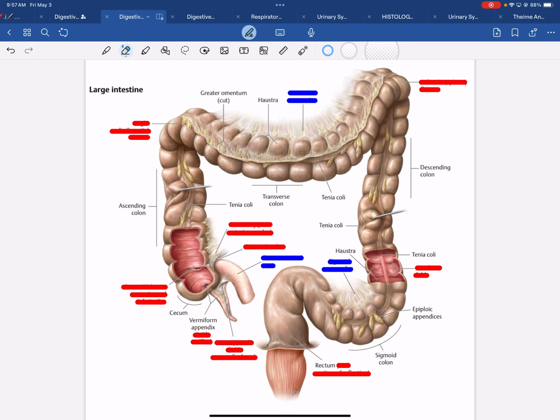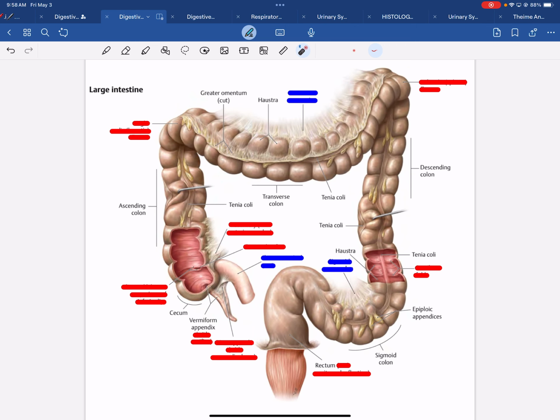They're the little bumps, each one of these sections. Does anybody have a good function for haustra? Not really. So it's doing something that we're not sure of.